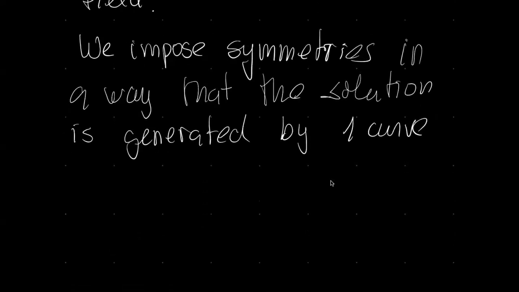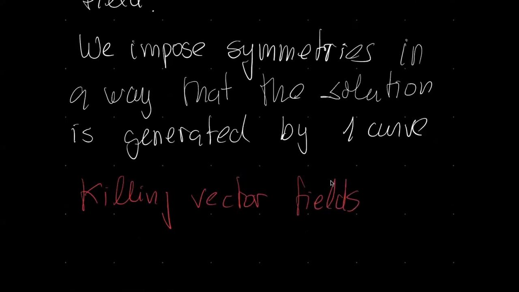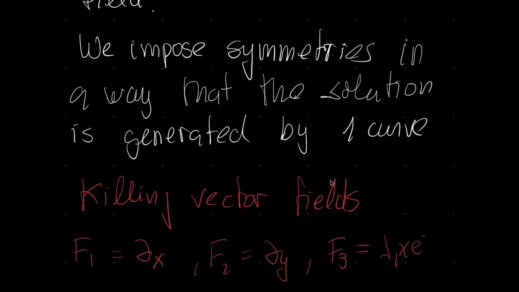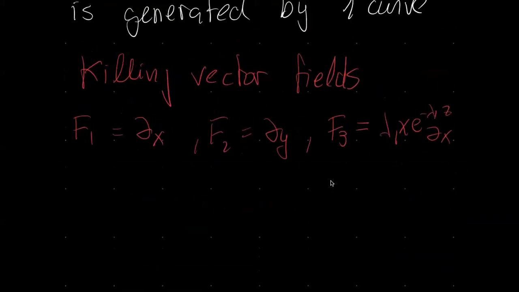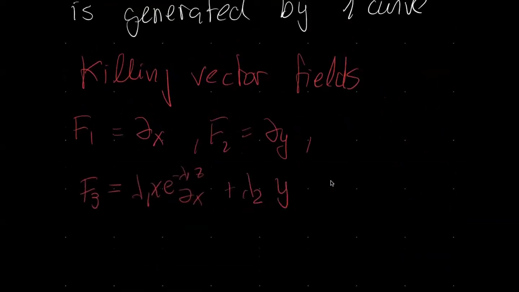The answer to the first question, the Killing vector fields that you see in this case, are these: the derivative in the x direction, the derivative in the y direction, and lambda 1 x e minus lambda 1 z dx plus lambda 2 y minus lambda 2 z, I guess.